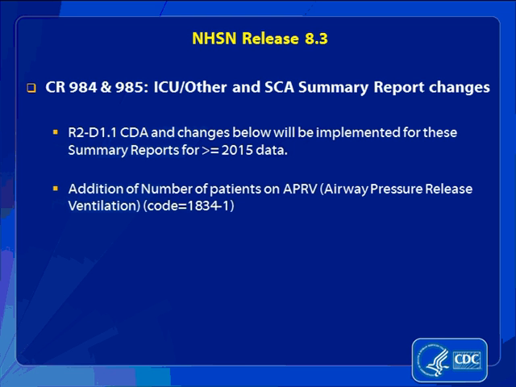This relates to our ventilator-associated event surveillance. Keep in mind that we don't have the VAE event numerator available for CDA yet. We're still working through changes to that protocol. We're holding off on implementing CDA for the VAE numerator, but for facilities who are reporting VAE, keep in mind they can already put their number of ventilator days on their summary data form via CDA, and now they'll be able to include this APRV day count on that summary form as well.